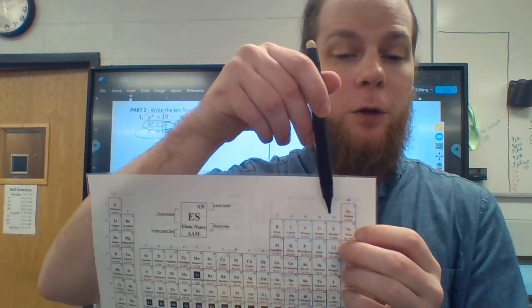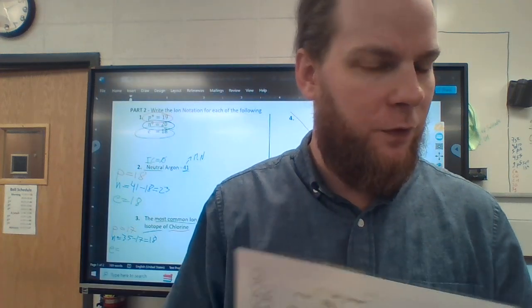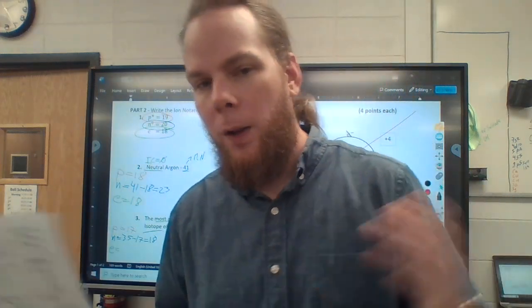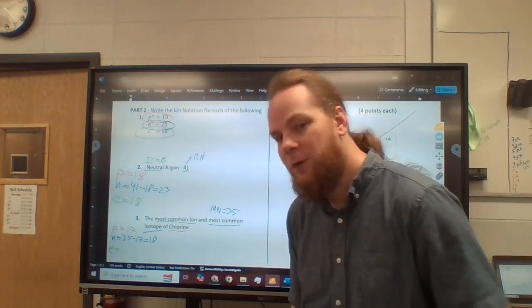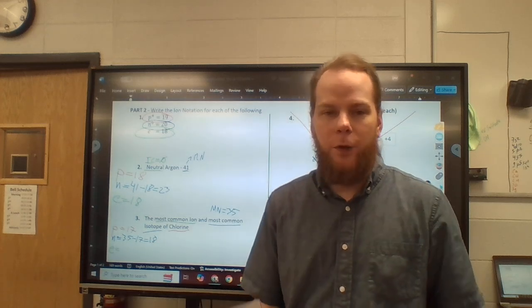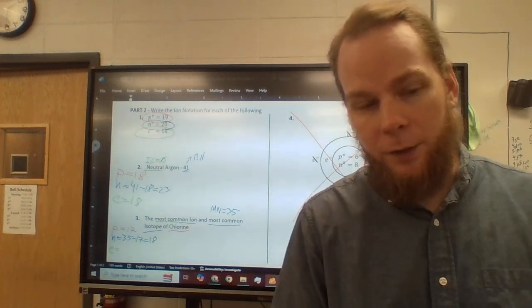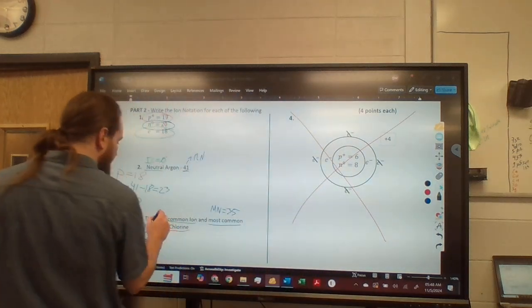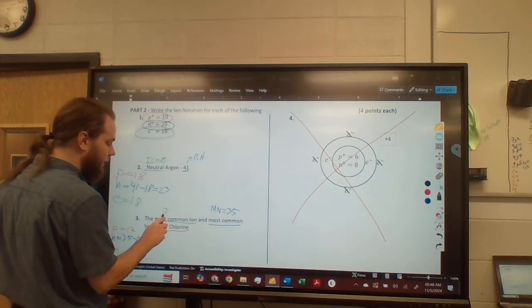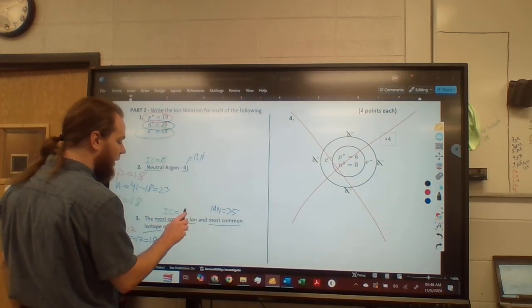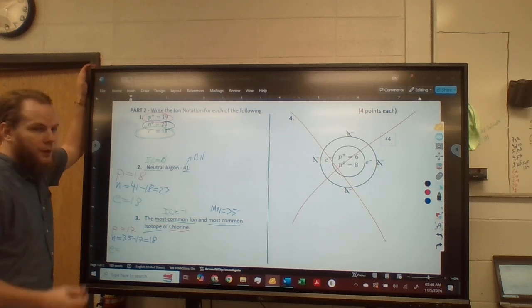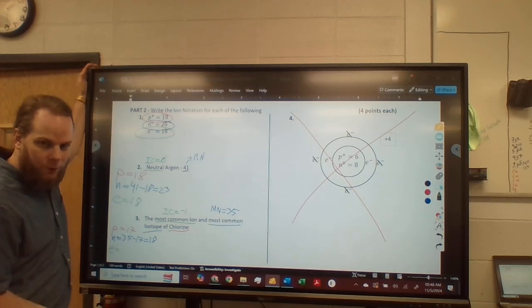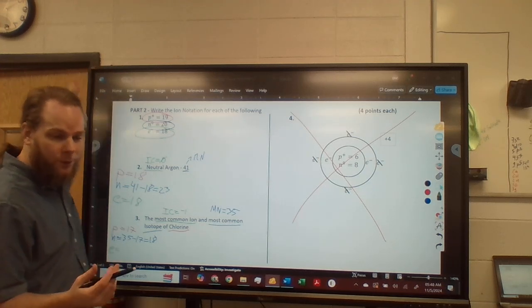So the charge for chlorine has to be either +7 or -1. Well, nonmetals have to be negative. So therefore, the most common ion for chlorine is -1. So if we know that the ionic charge is -1, then we can figure out the number of electrons by using the equation on the back of the periodic table.